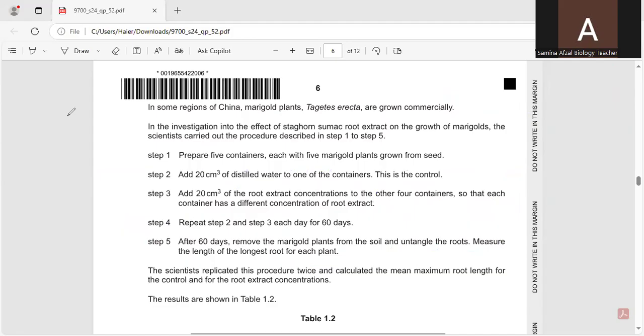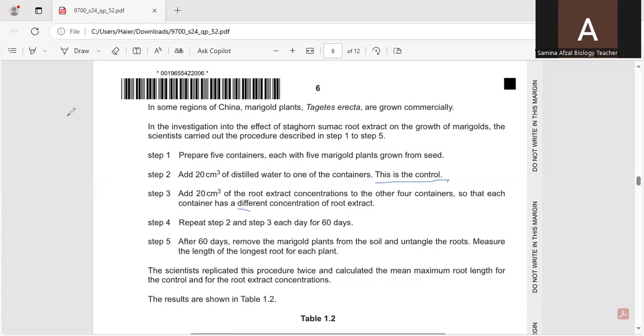Prepare 5 containers, each with 5 marigold plants grown from seed. Add 20 cm³ of distilled water to one of the containers. This is the control. Add 20 cm³ of the root extract concentrations to the other 4 containers so that each container has a different concentration of root extract. Repeat step 2 and step 3 each day for 60 days.